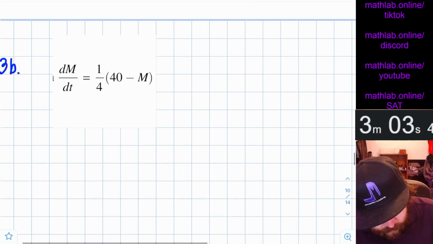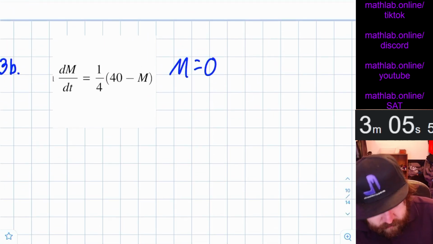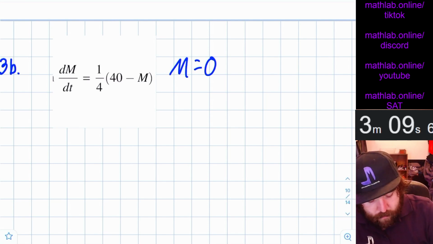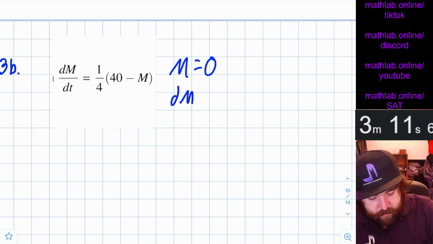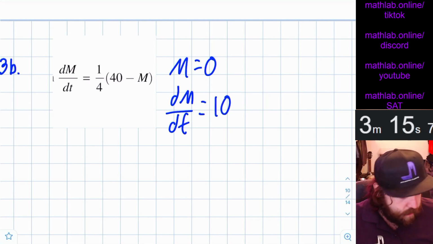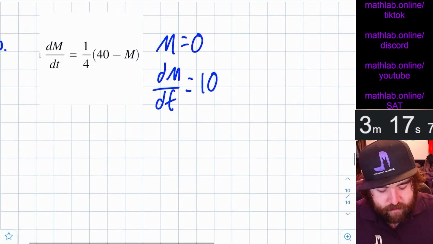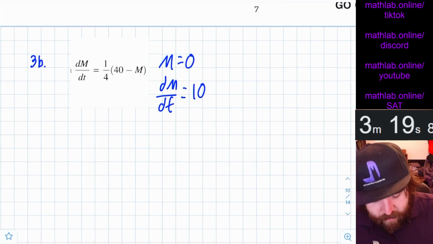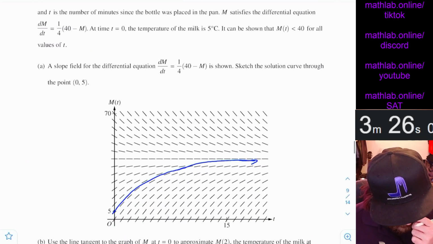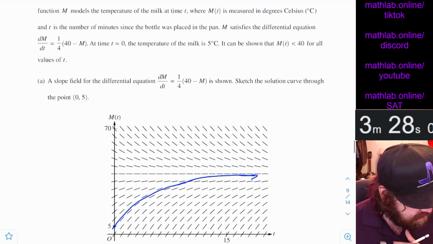So we'll say if m equals 0, then it's 40 over 4. Then dm dt equals 10. So what we do then is we write the equation of the tangent line, which is 10t.